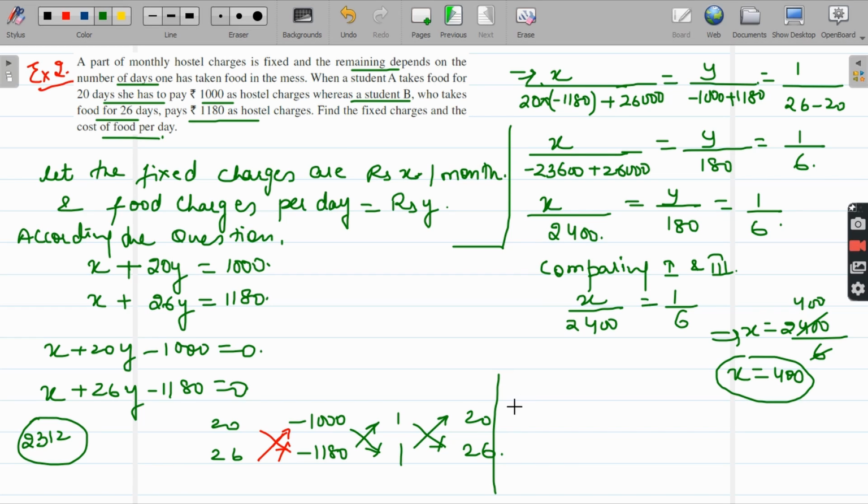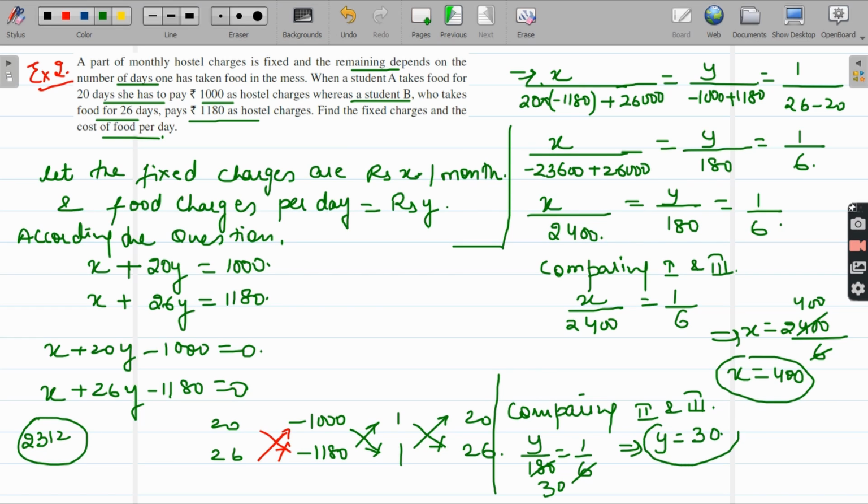And now comparing second and third, we'll get y upon 180 is equal to 1 upon 6. If I cancel it here itself, food charges per day are rupees 30. So this is the value of y, right? So the final answer is the fixed charges are 400 rupees per month and the food charges are 30 rupees per day. That is the final answer.